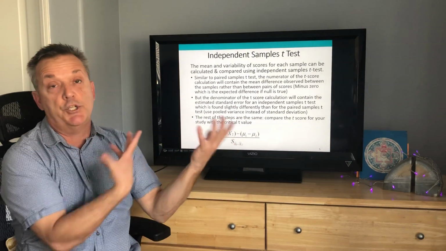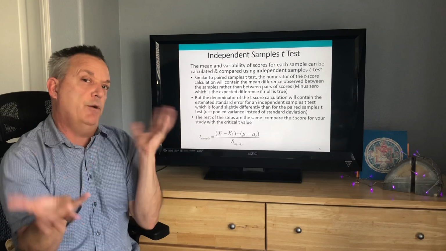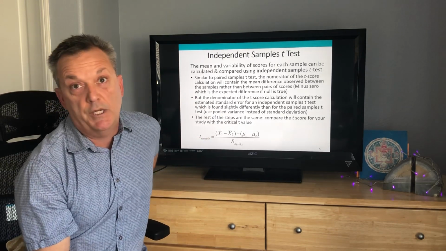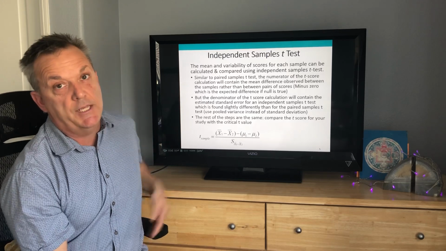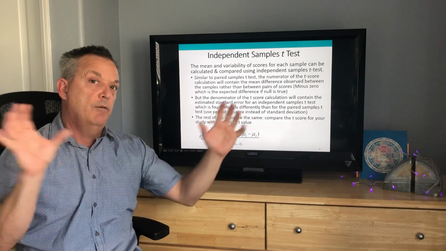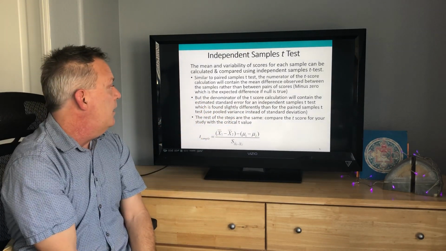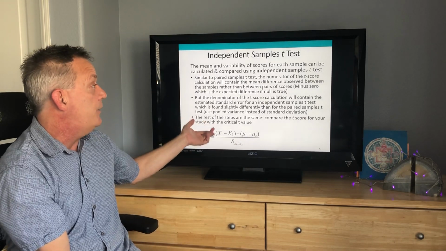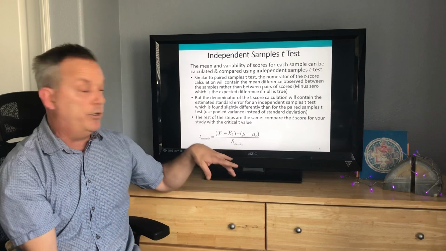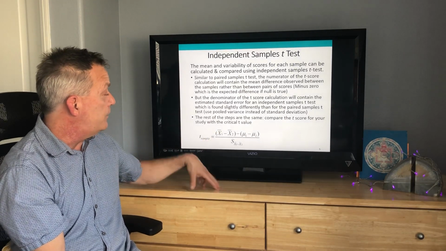But as you'll see when I show you the calculations and what's in the book, it's just an alternate way to say the same thing, using variance instead of standard deviation. In this case, a pooled variance allows you to get one single variance term for samples that might have different sample sizes. The rest of the steps are the same: compare the t-score for your study with the t-critical value. I'm going to go over that in an example in this video.